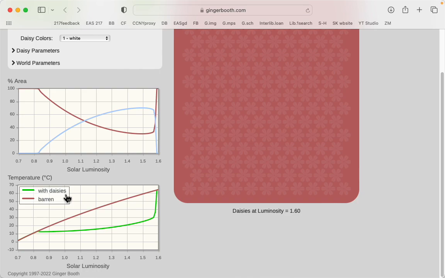However, with daisies present, if you didn't have daisies, the temperature of the surface would just get higher and higher. But there's white daisies around, and they have an albedo that is larger than the ground, and their presence stabilizes the temperature of the planet for a long period of time until at a certain point they no longer survive and the temperature spikes.